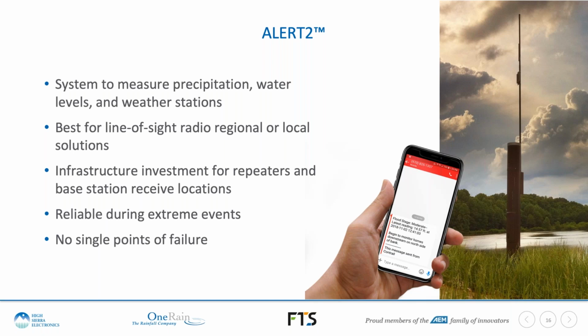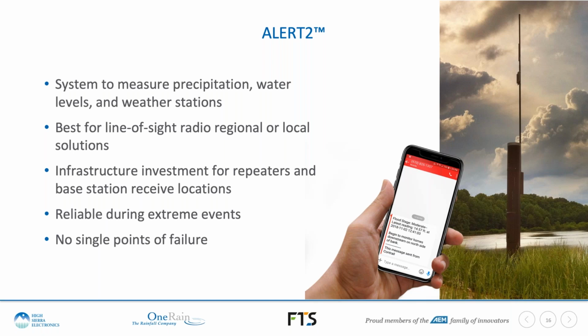One of the big advantages of Alert 2 is that the system is very reliable. Once you build the system, during extreme events, there's no dependency on any outside resources. So this is a big strength of this technology: if you have an operations center, or an emergency operations center, and you want the system to work, it'll always work even if the internet goes down, if the cell network goes down, if a hurricane's pounding and the streets are flooded.